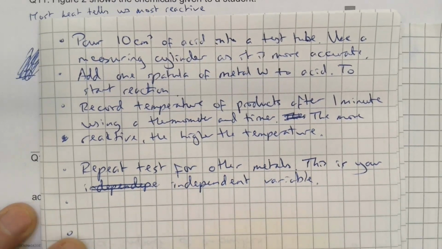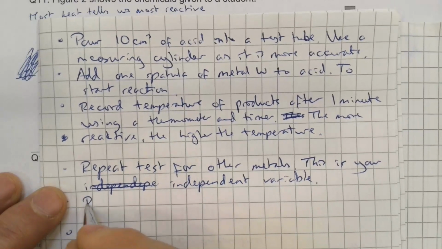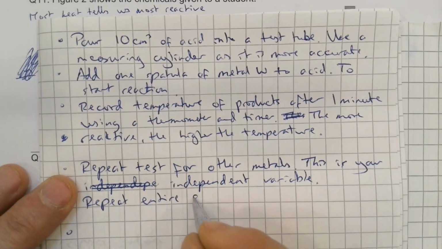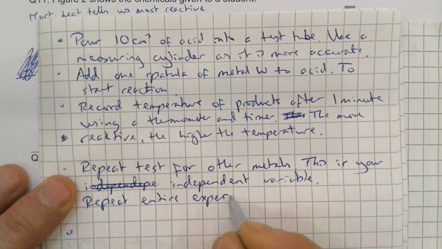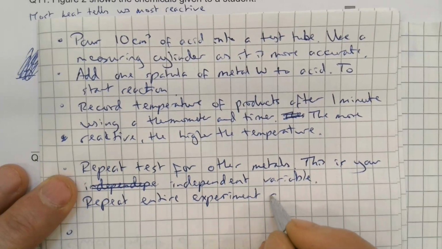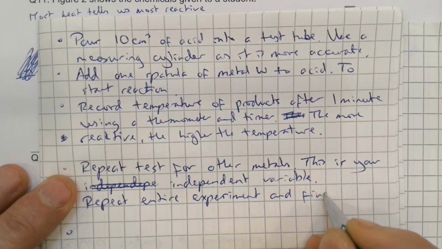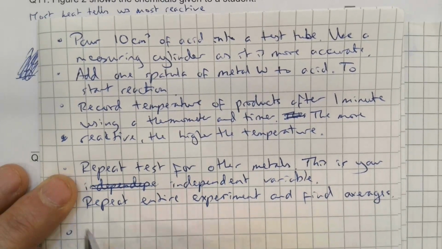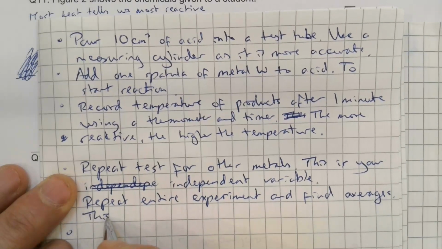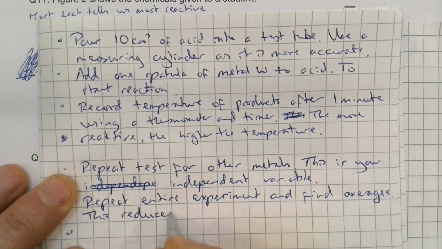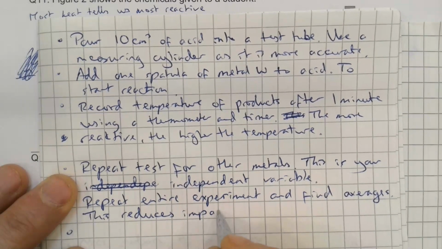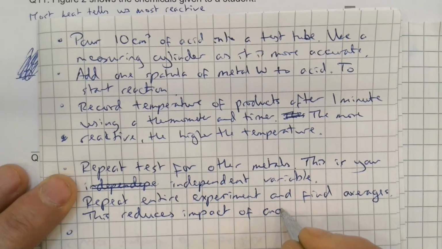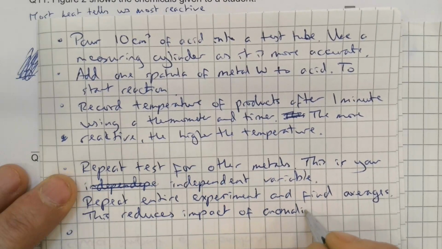What am I going to do then? Well, I could repeat the entire experiment and find averages. Why? This reduces the impact of anomalies.